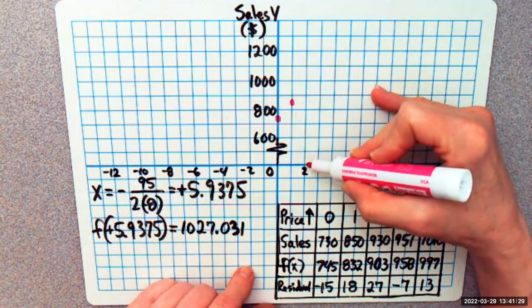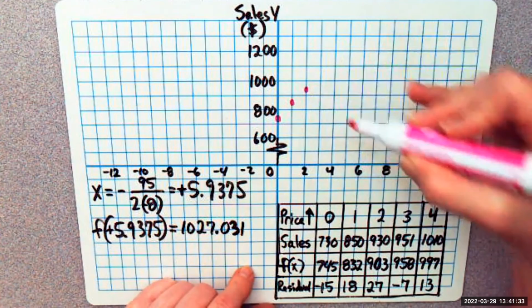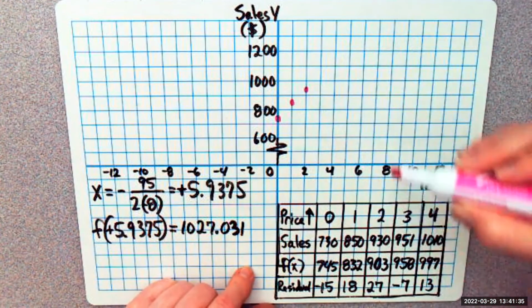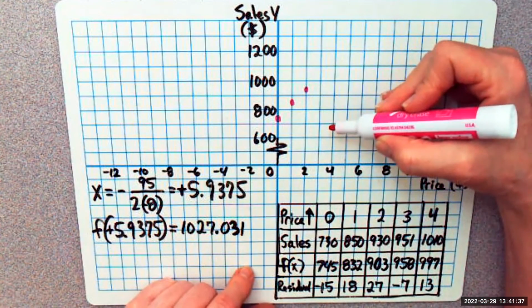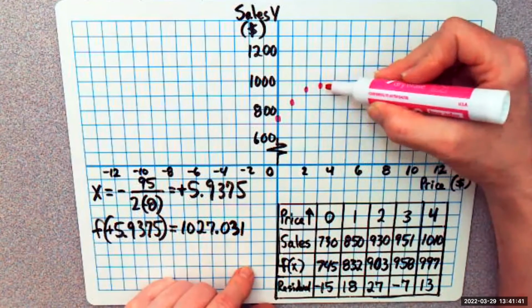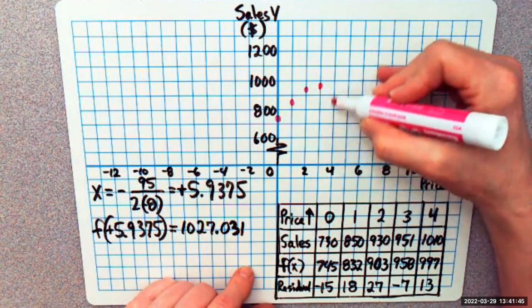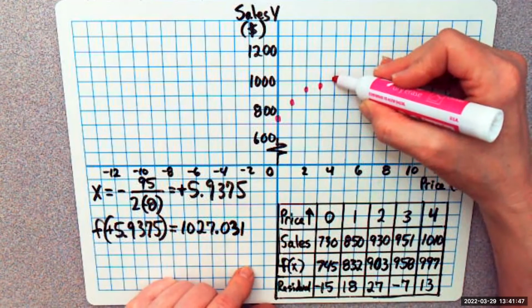Then 1, 850. 2 is 930, that's 900, right about here. 3 is 951, and you can see it's kind of leveling off. And then 4 is 1010.